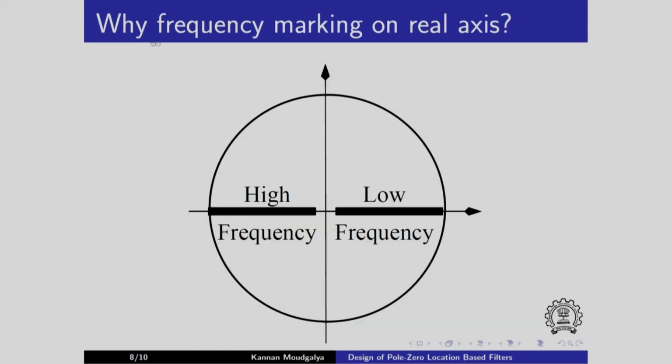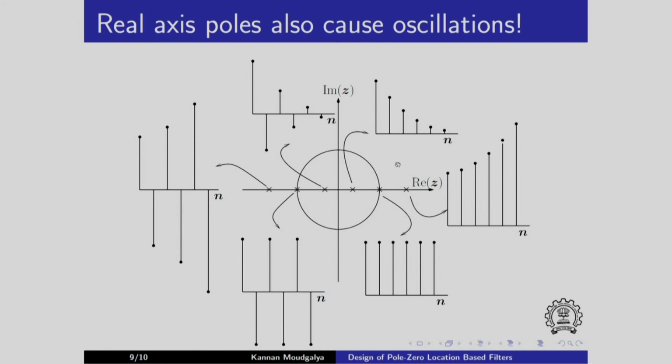Now we will discuss why the frequency marking on the real axis is low frequency and high frequency. Recall the impulse response we studied some time ago. Poles over here give rise to a decaying response, whereas poles on the negative real axis give rise to an oscillatory sequence.